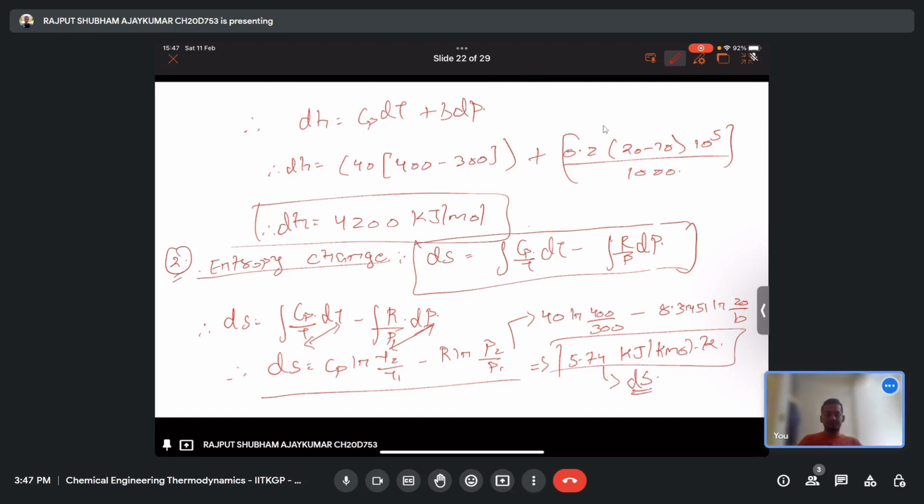So what I've been saying is that it's just the relationships that you need to take care of, how to arrive at a particular relationship.